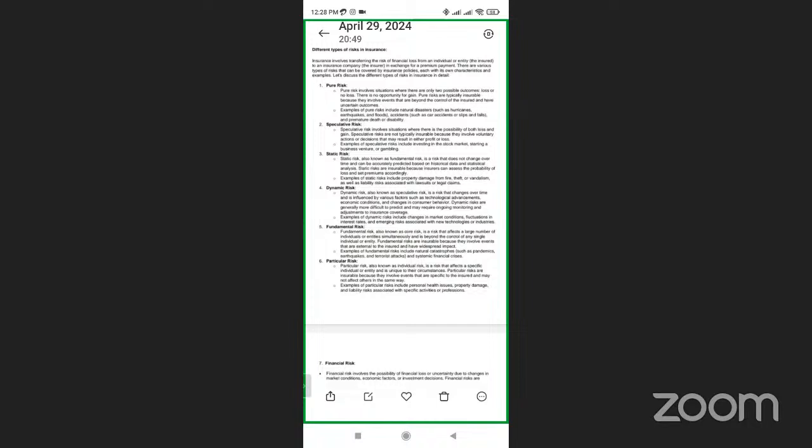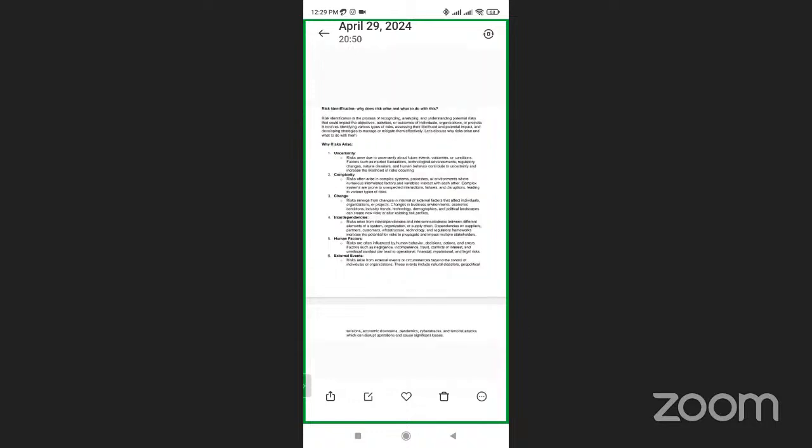So, at the time of accepting the insurance proposal form, when the insurance company is supposed to estimate the probability of loss, the first and foremost thing it has to do is to identify whether the risk involved in the policy proposal belongs to any of these categories of risk or not, whether it belongs to pure risk or static risk or financial risk or particular risk.